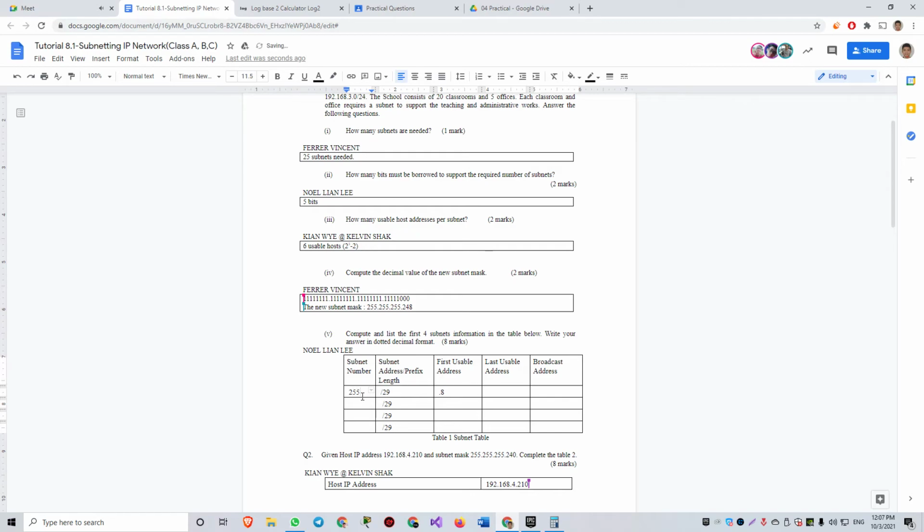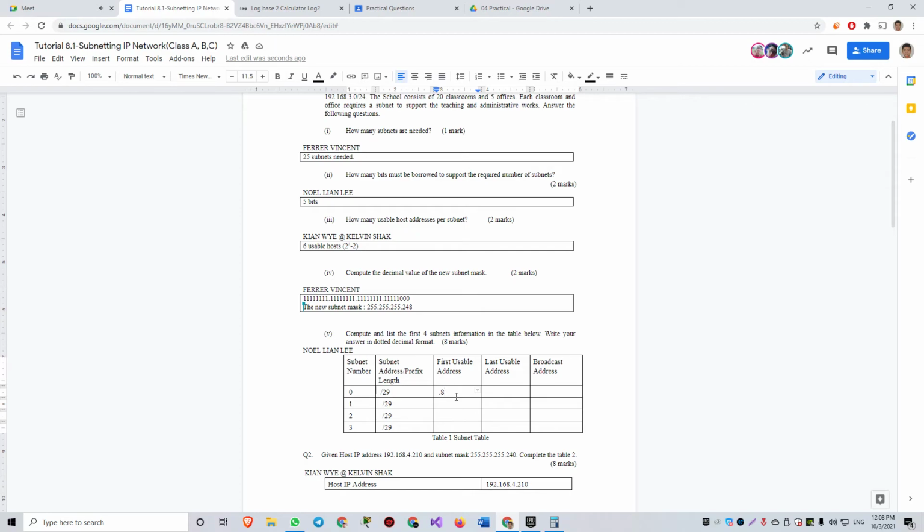The subnet number of course is 0, but it's not dot 0. Just the number: 0, and then the next one is 1, and then 2, and then 3.